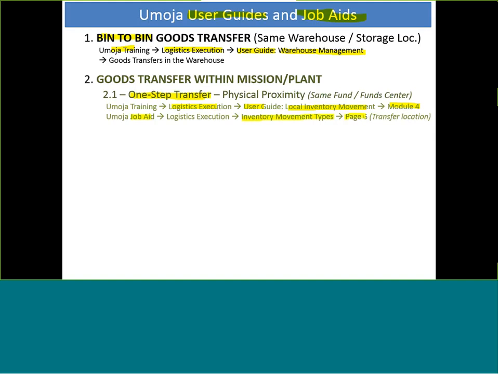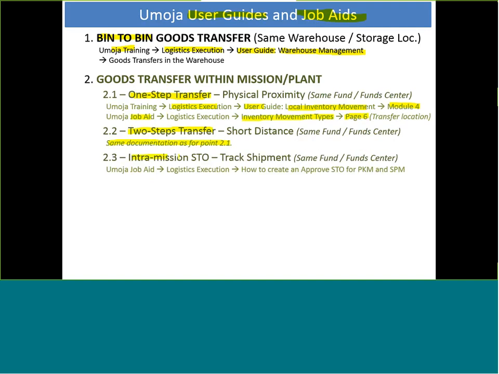And on page 6, you will find information about movement types 311, 313, and 315, that are the ones we discussed during this presentation. All right. For the 2-step transfer, the same. You have to review the same documentation. So the one-step and the two-step transfer are explained in the same training materials.